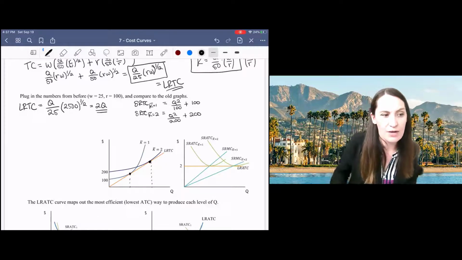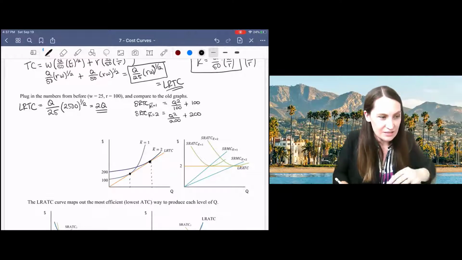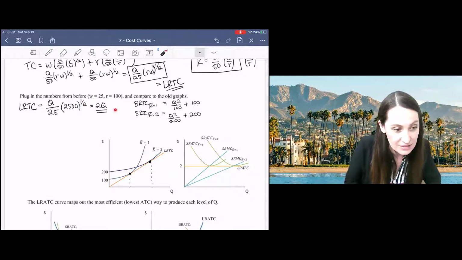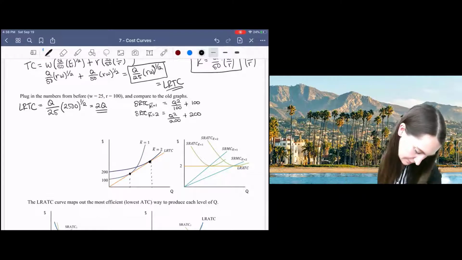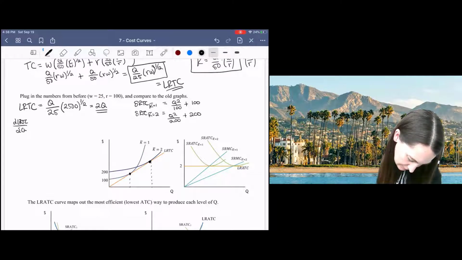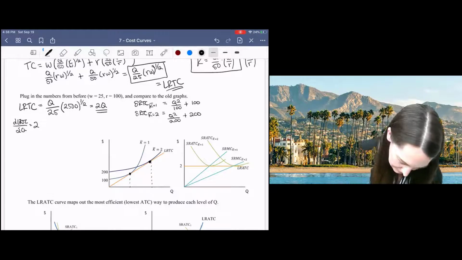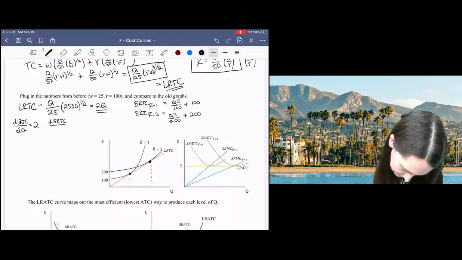Okay, so I can find the tangency by setting the slopes equal. So the slope, the derivative of long run total cost with respect to quantity is just going to be 2, right? And then, so for K equals 1, I'm going to do this just for K equals 1.